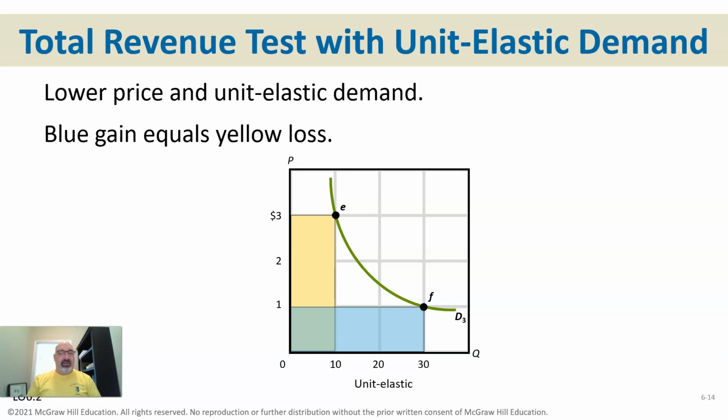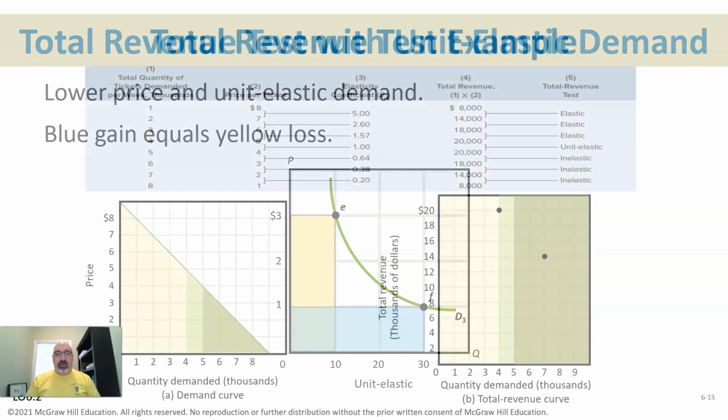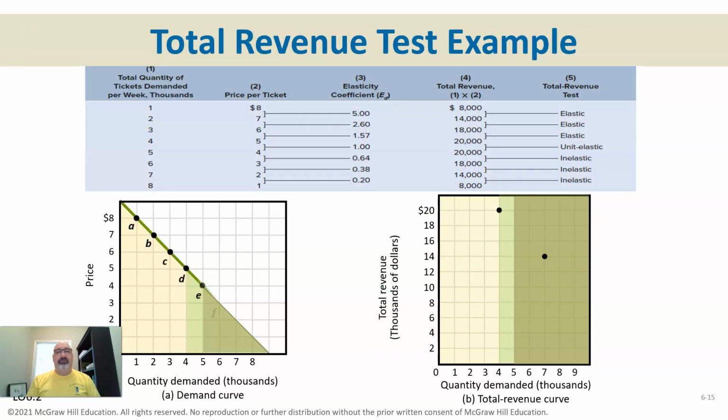So if you know that you have a unit elastic good, what you want to do is convince people that you have either an inelastic good or an elastic good. And you really want to convince them that you have an inelastic good so that you can raise the price and create more revenue. That's what you would like to do.